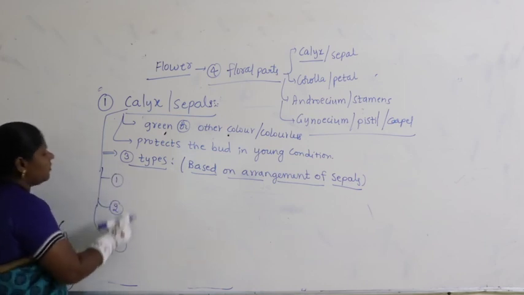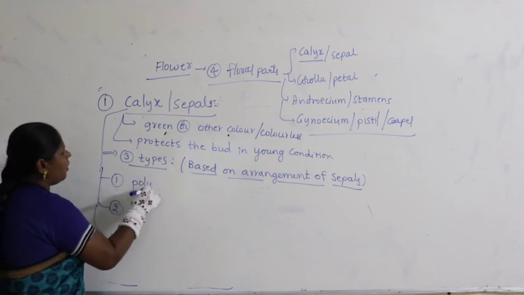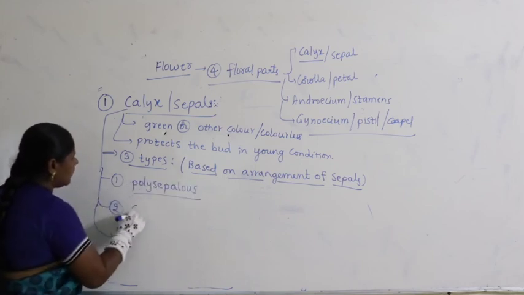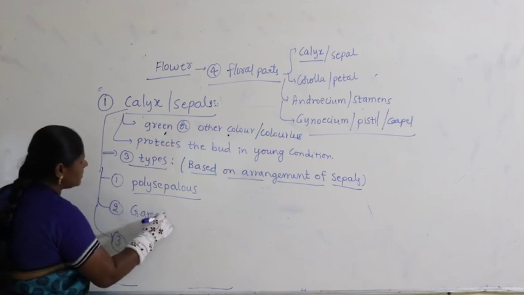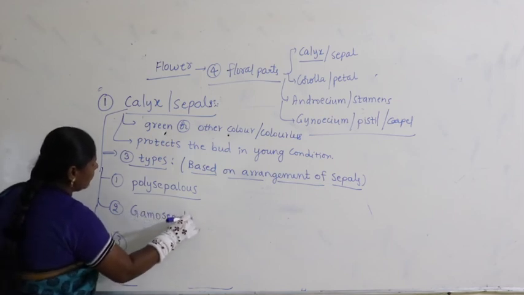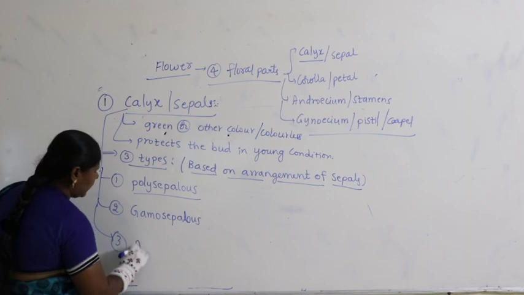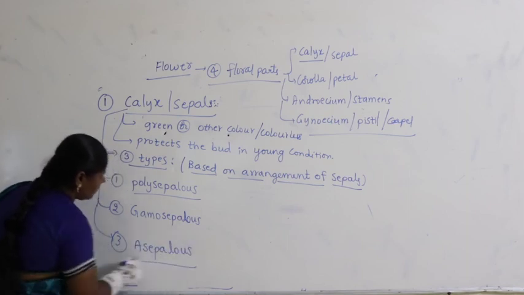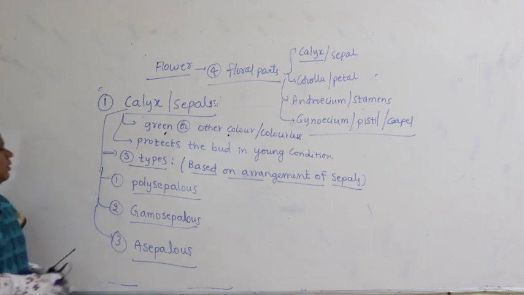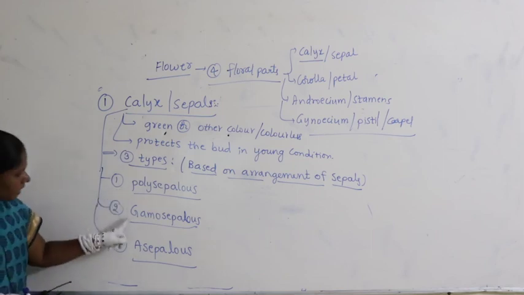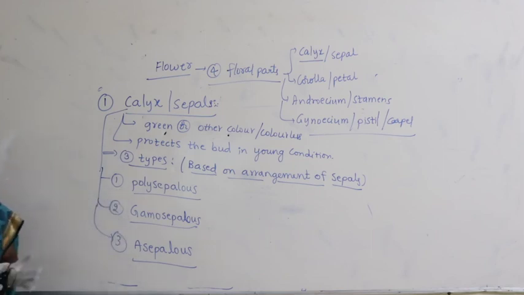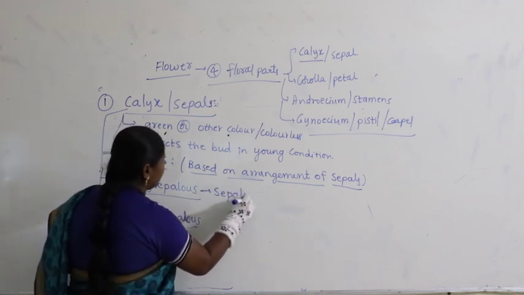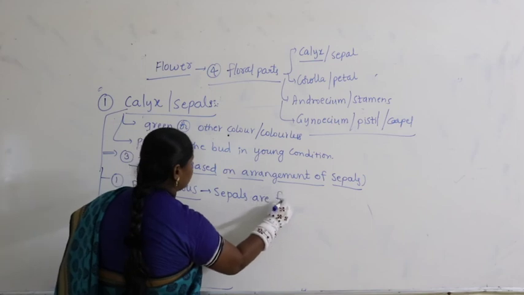What are they? We say polysepalous, the other one is called gamosepalous, and then the third is called asepalous. Okay, polysepalous, gamosepalous, asepalous. What is polysepalous? Sepals are free.